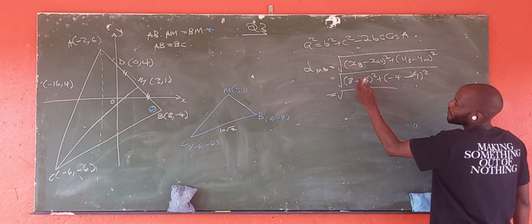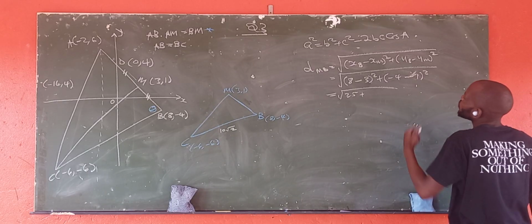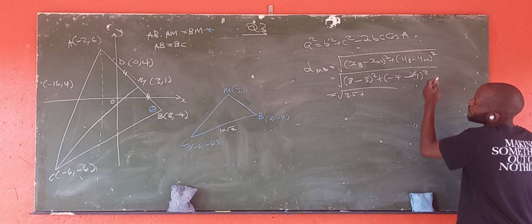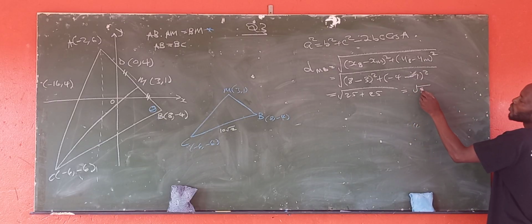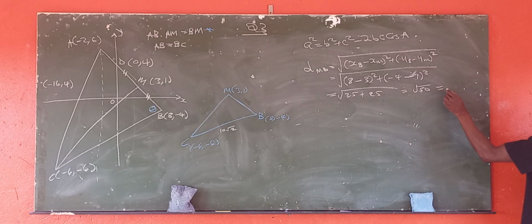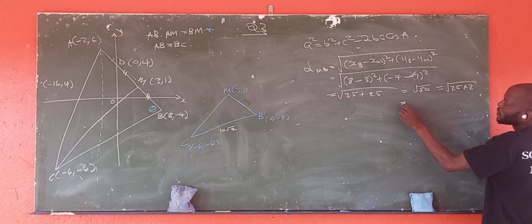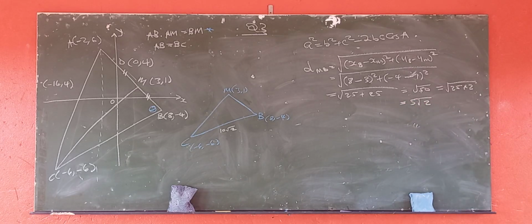So this would be 5 squared, which is 25, plus negative 5 squared, which is 25. So this is the square root of 50, which can be simplified as 25 times 2, and the square root of 25 is 5. So this is 5 the square root of 2. So MB is 5 the square root of 2, and AB is 10 the square root of 2.